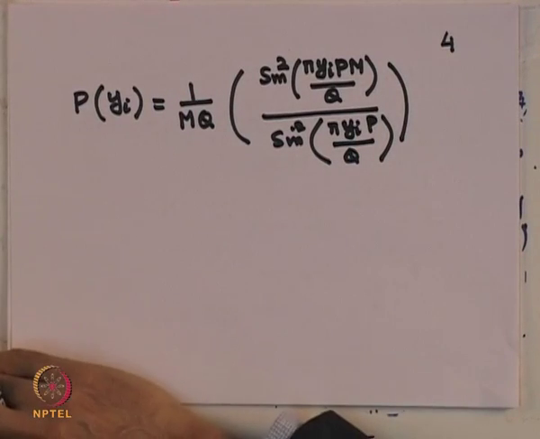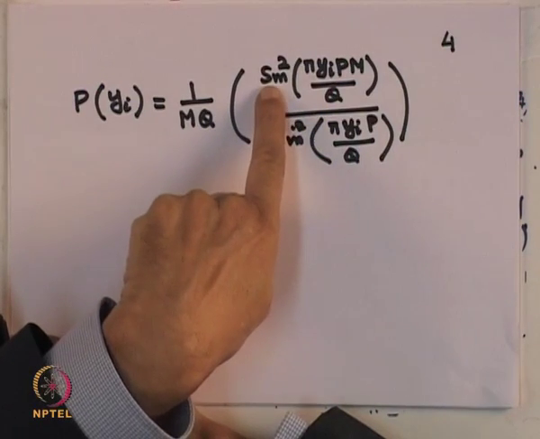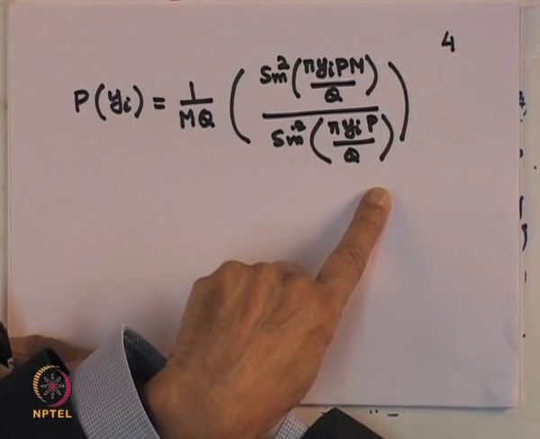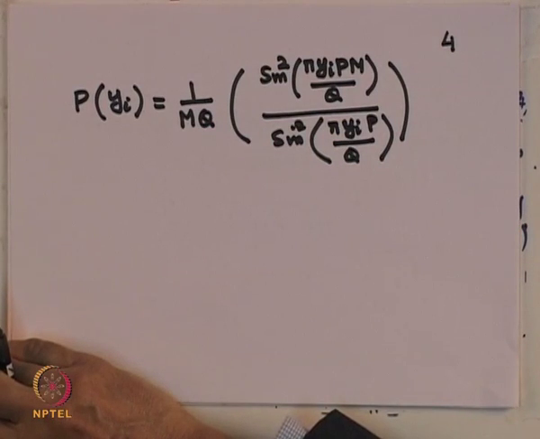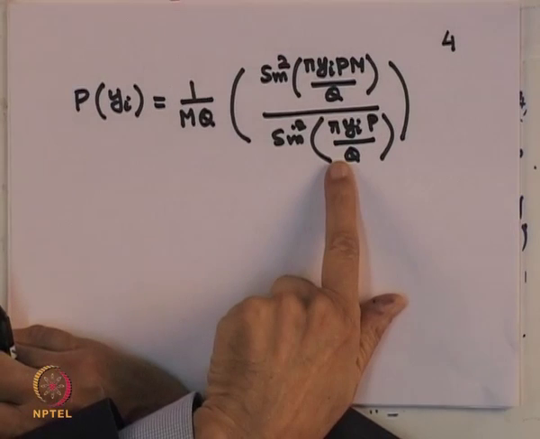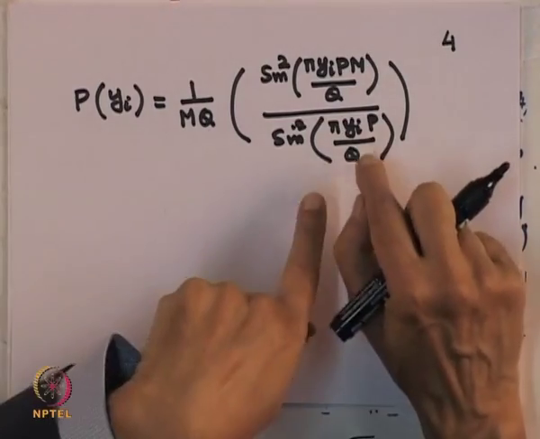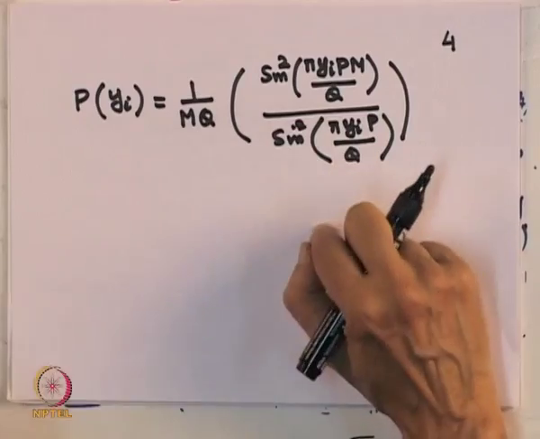This is a function with which you have some familiarity from the past, because this is the type of function which came up in many interference related problems. In any case, this is basically a sine square alpha x divided by sine square x type of function, and these functions have a peak when the argument of the denominator becomes a multiple of pi, because in that case both the denominator and the numerator vanish.